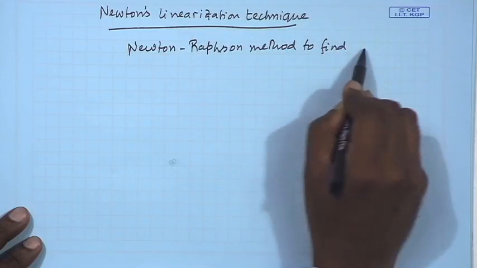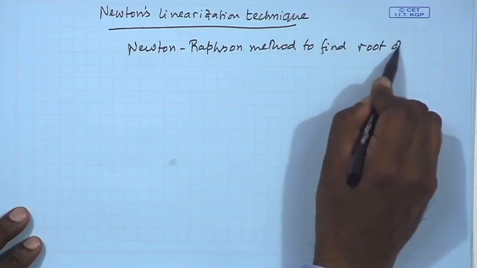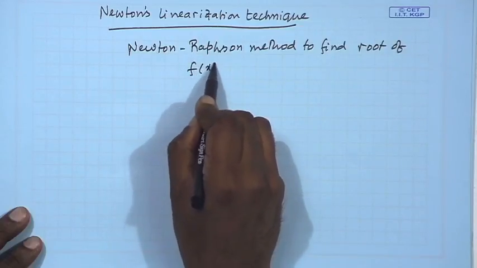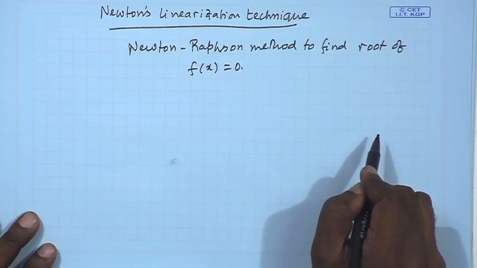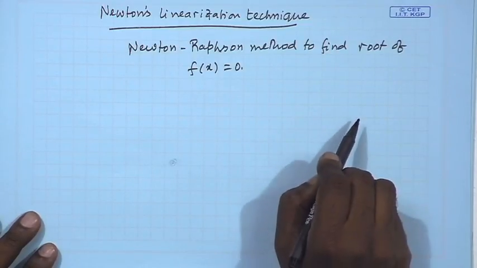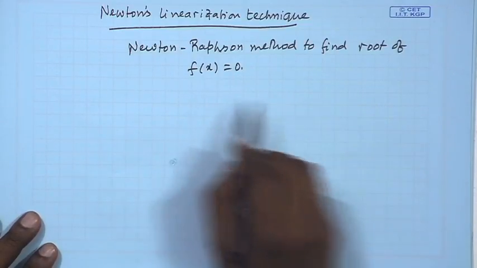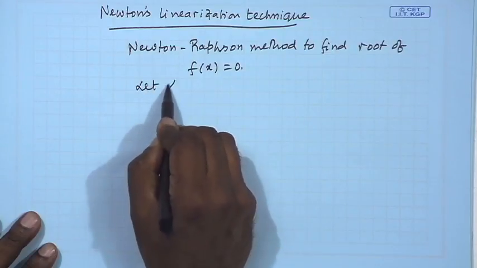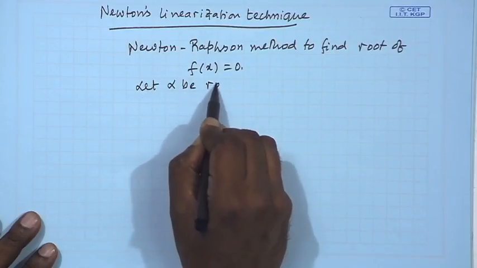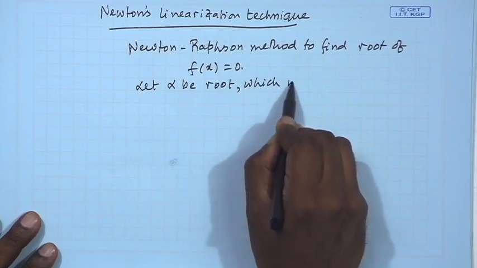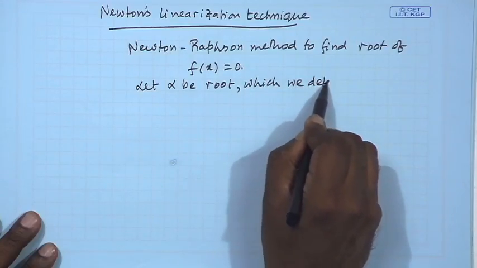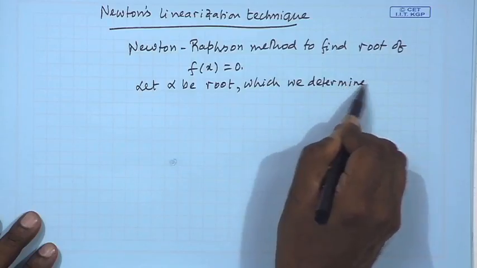To find a root of, say, f x equal to 0, an algebraic equation or transcendental or whatever, what we do is let alpha be the root which we determine iteratively.